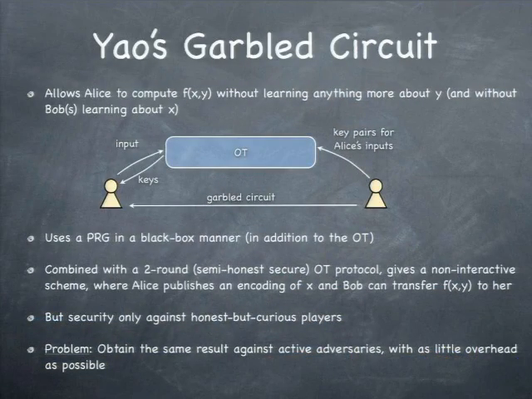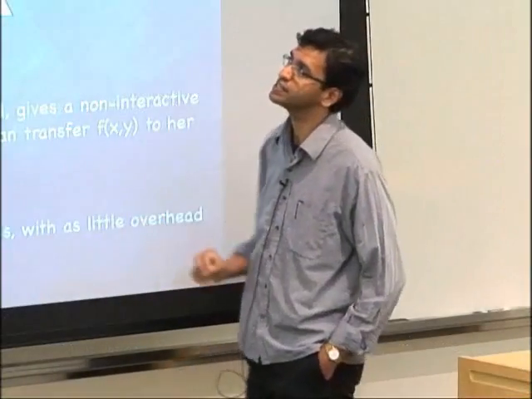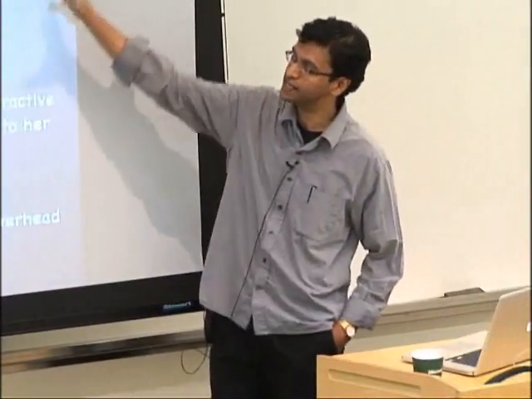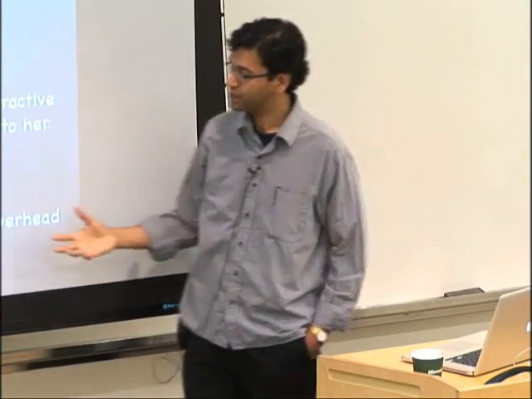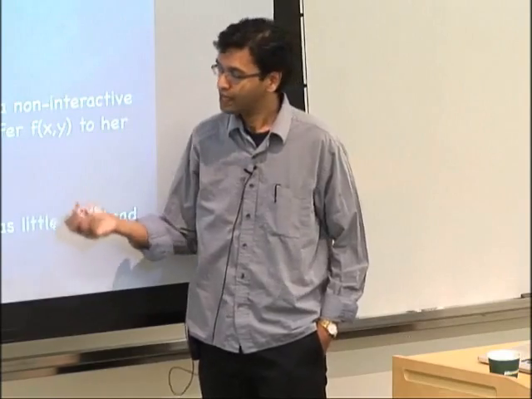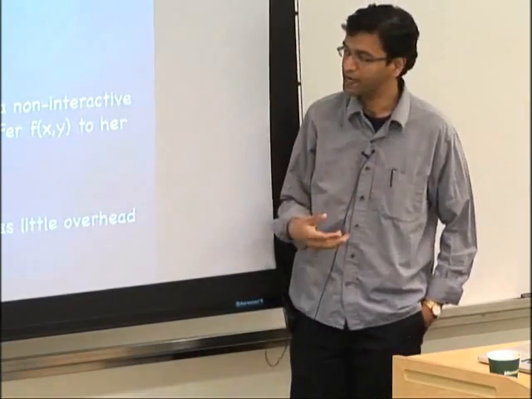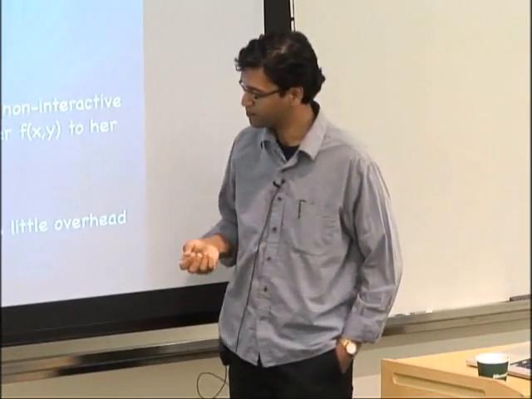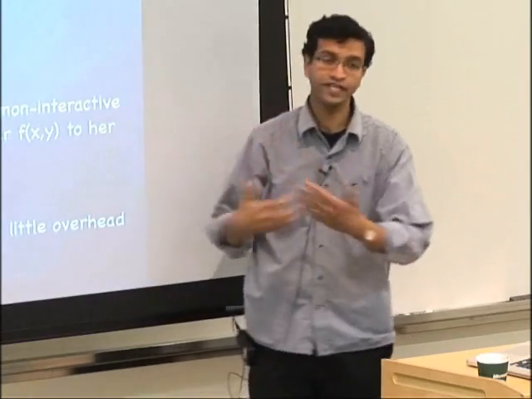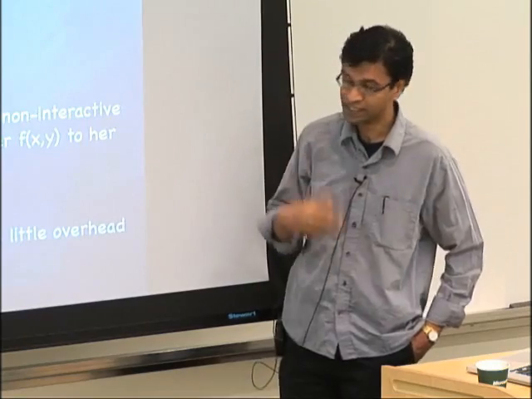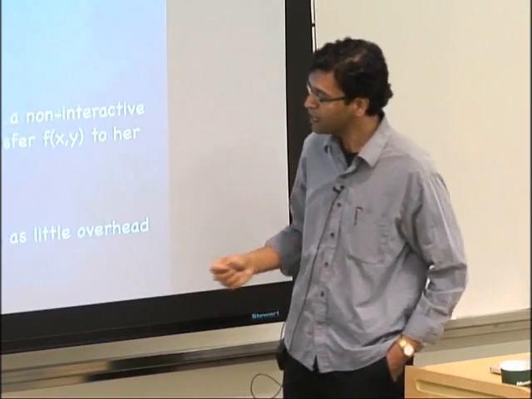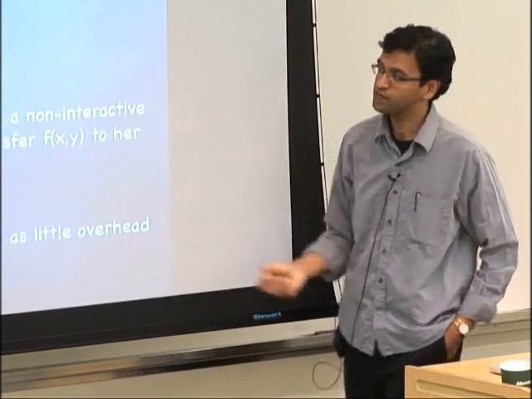So our problem that we are looking at, one way to think about it, is to get something as good as Yao's garbled circuit in its functionality, but something that is secure against active adversaries also. Okay, and in doing so, there will be some cost in terms of extra communication and cryptographic costs, so to speak, extra use of pseudorandom generator, but we'd like to minimize that. Okay, we'd like to minimize this overhead.